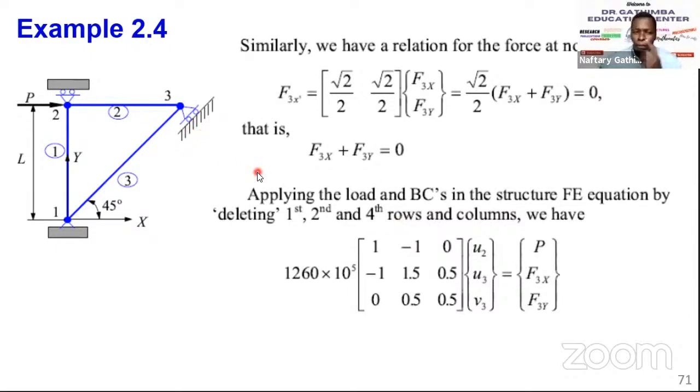This type of boundary condition, remember, boundary conditions are restraints. You are restraining our structure in different directions. We call that an MPC. The problem we are handling here is an MPC, which is referred to as a multi-point constraint.